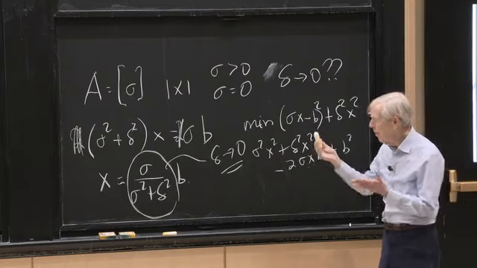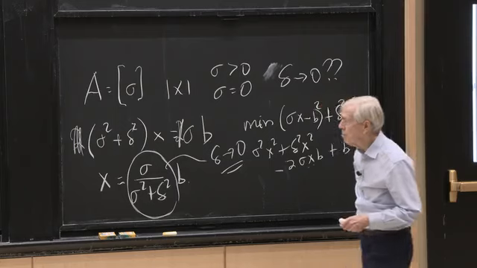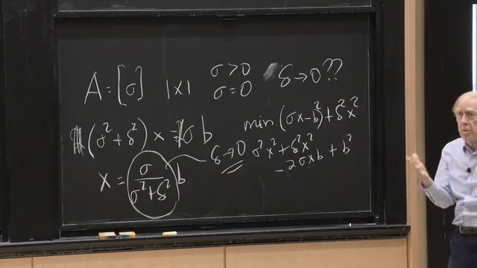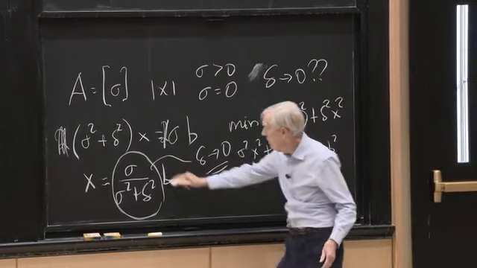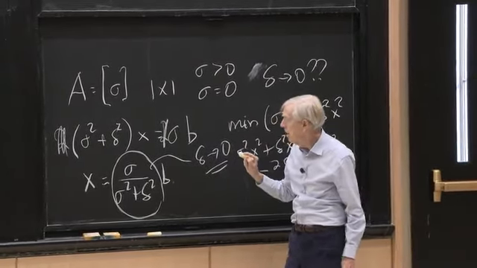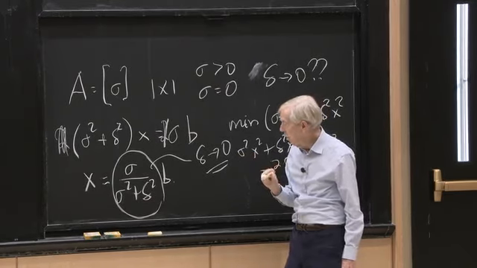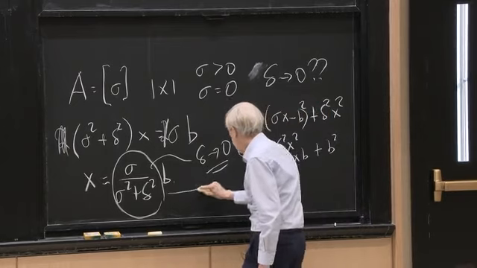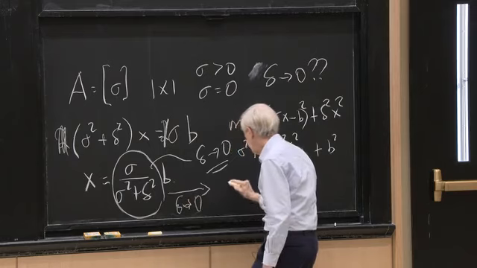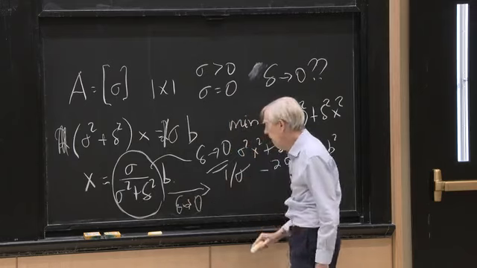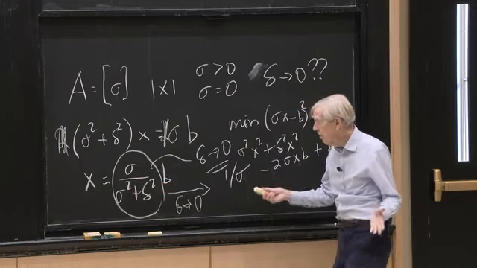So I'm finding out for a 1 by 1 problem what a penalized least squares problem, ridge regression, all over the place, what happens? Okay, so what happens to that number as delta goes to 0? 1 over sigma. So now let delta go to 0. So that approaches 1 over sigma, right? Because delta disappears, and sigma over sigma squared is 1 over sigma. So it approaches the inverse.